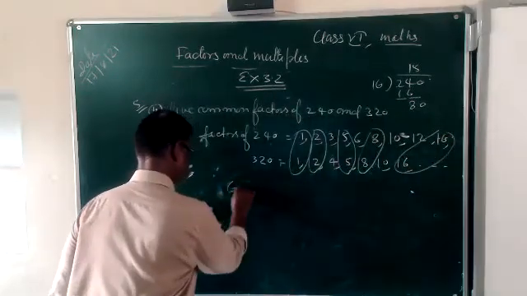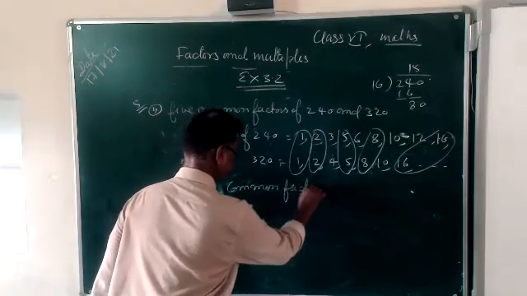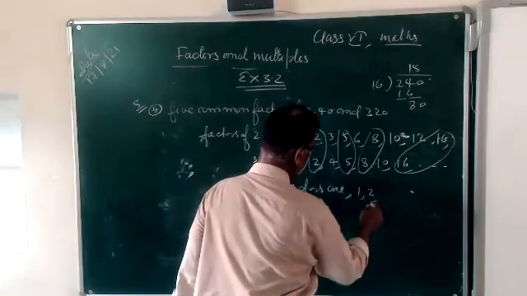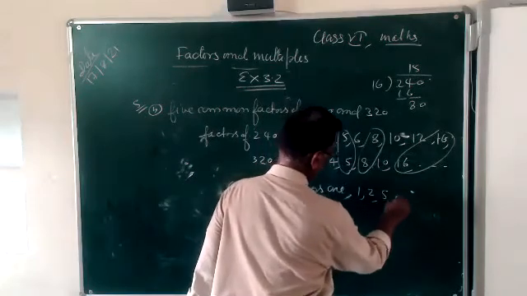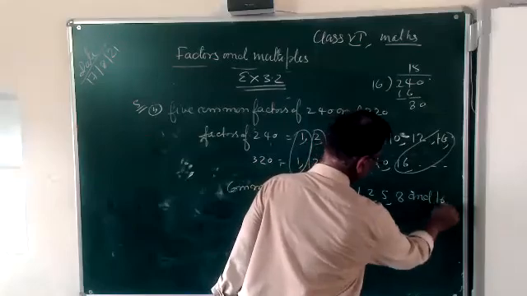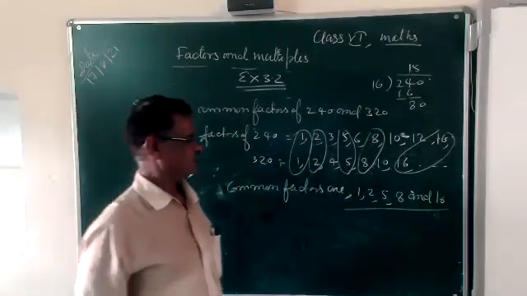So the common factors are 1, 2, 5, 8 and 16. These are the common factors.